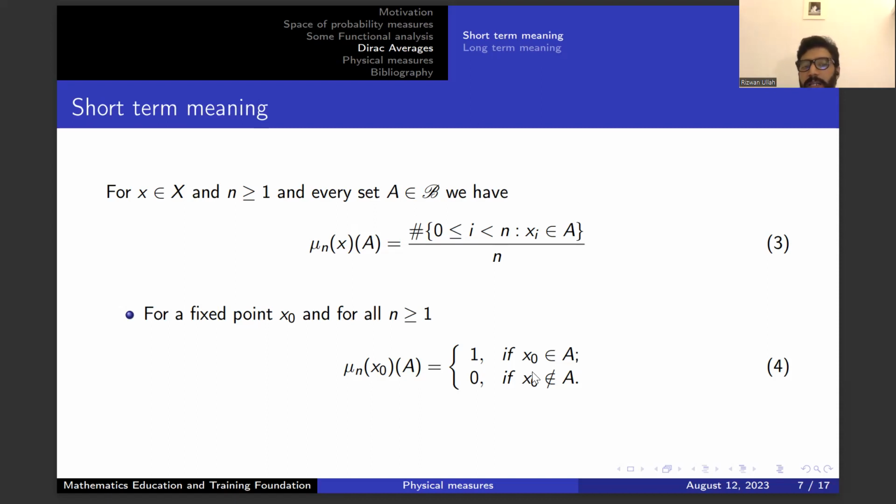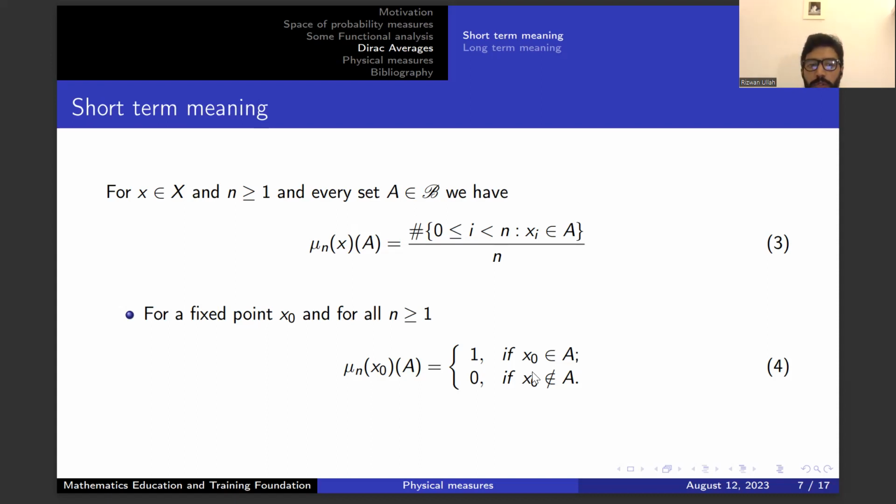For the point x naught, when x naught is a fixed point, it's very easy to see that the Dirac average gives either 0 or 1: 1 when the point x naught is in the set A, and 0 when it is not in the set A.